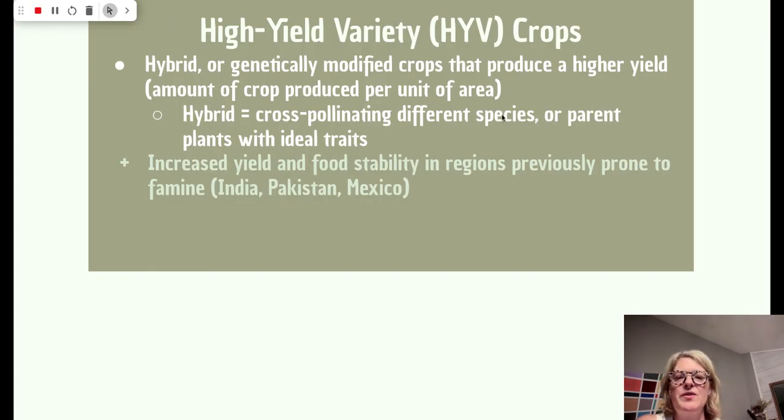I don't think it's so important that you understand the difference between hybrid and genetically modified crops. Just understand that there are these different types of crops that increased yield. This increased yield actually provided food stability in areas that did not have food stability previously. So in areas like India, for example, Pakistan, and Mexico.